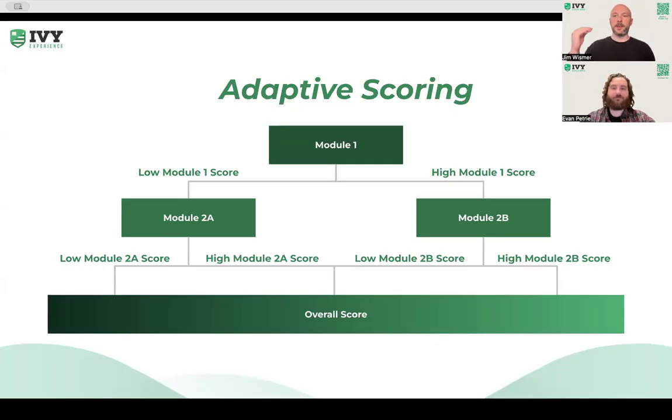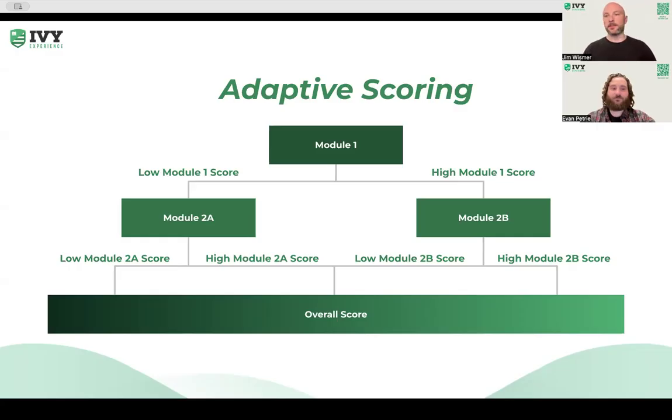Now, your second module will dictate where on the kind of scoring curve you can spit out to. So, for example, if you're testing into the easier second module, your score may be, hypothetically, capped. Now, this is something that can sometimes drive students crazy because they're agonizing over, oh, how am I going to test into one module versus the other?